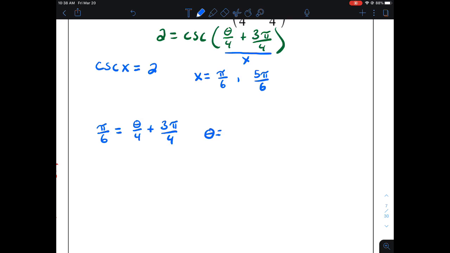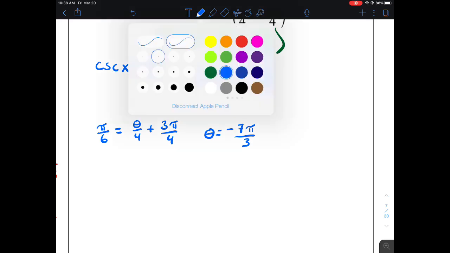I do that, subtract the 3 pi over 4, then times by 4. We get negative 7 pi over 3. Now, that's a value for theta I could put in and make this a true equation, true statement. However, it lies outside of the interval, so it's not going in my solution set.